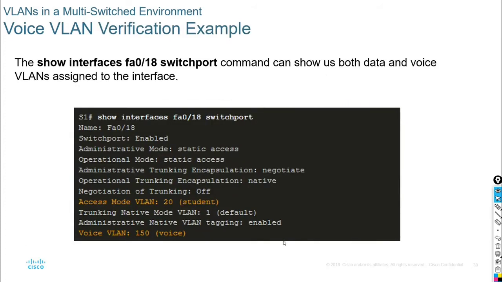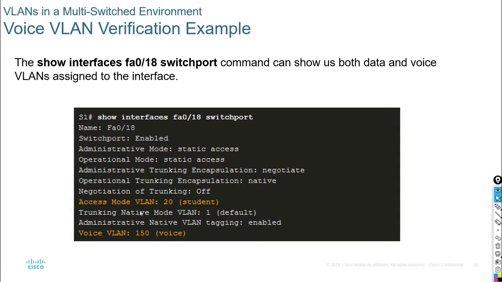So for voice VLAN verification, you can use the show command. Go to privileged mode and use the command show interfaces FA0/18 switchport. This command shows us both data and voice VLANs assigned to the interface.